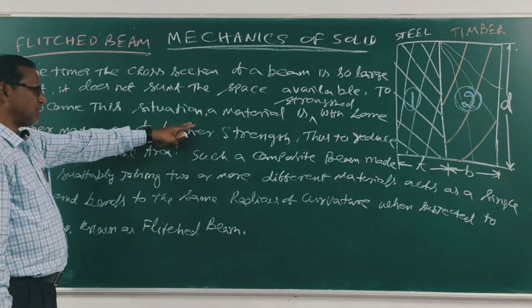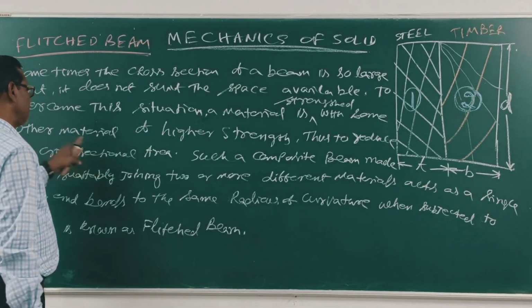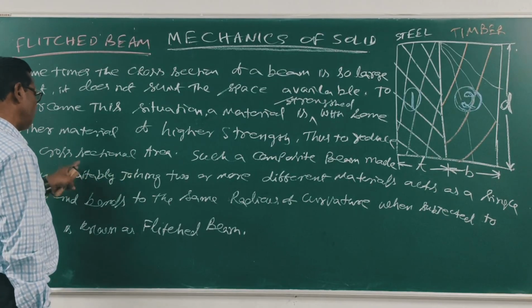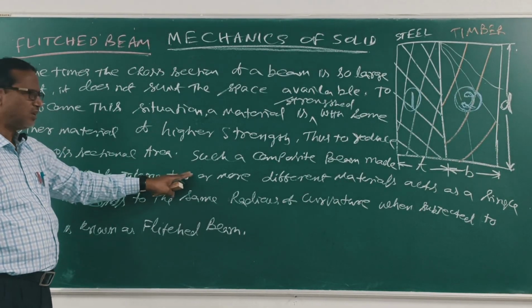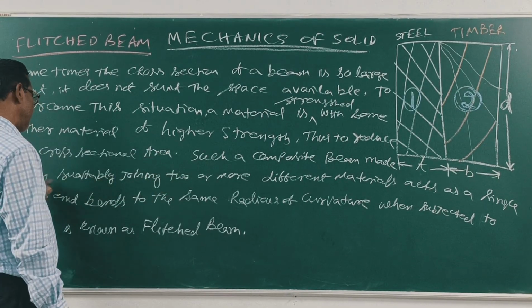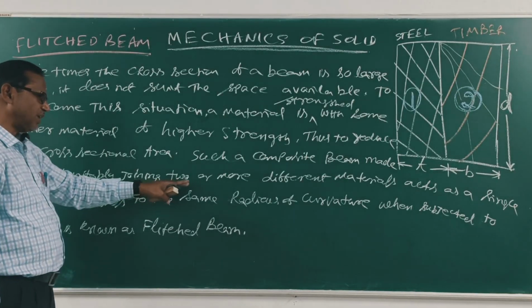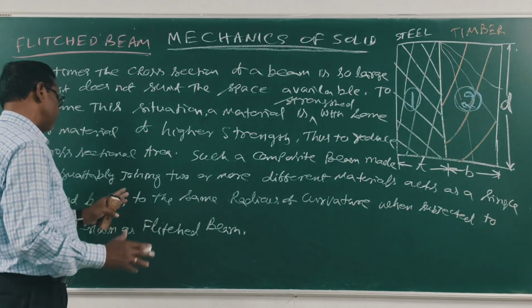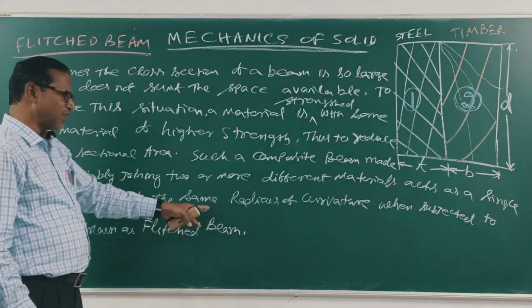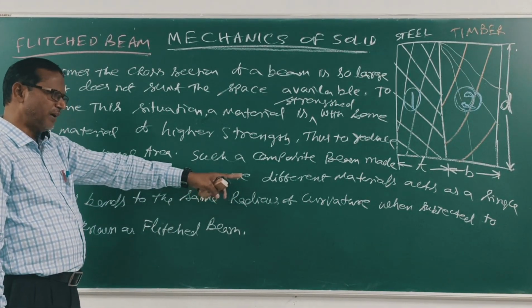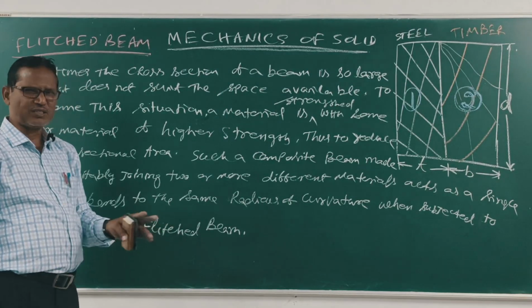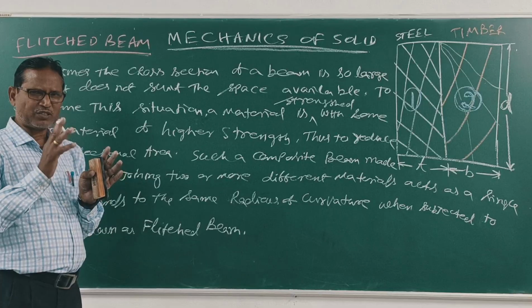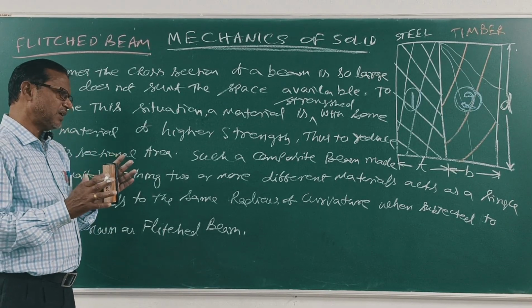So to overcome this situation, a material is strengthened with some other material of high strength, thus reducing the cross-section area of the beam. Such a beam, made up by joining two or more different materials, acts as a single piece and bends to the same radius of curvature when subjected to loading.